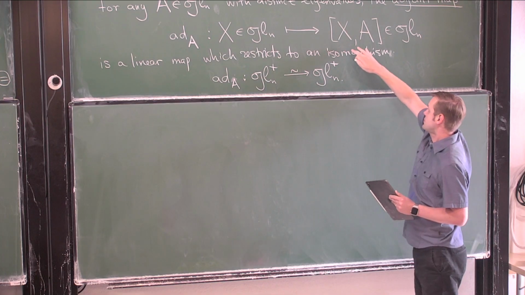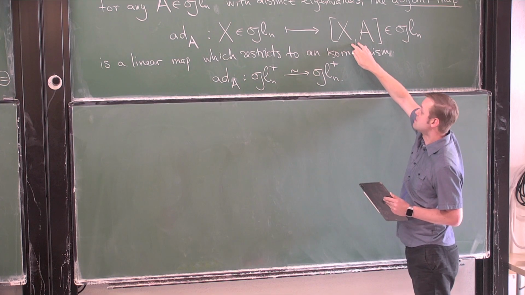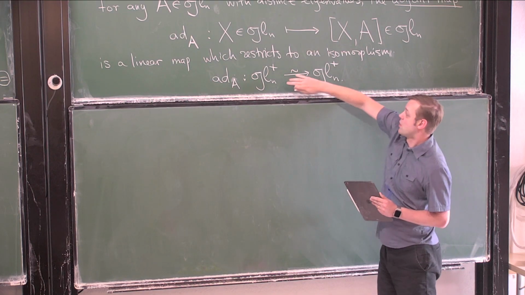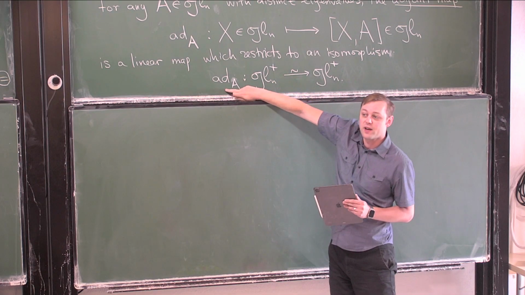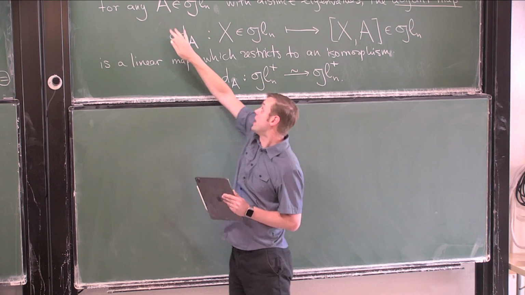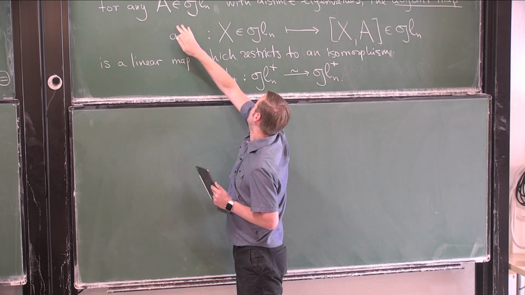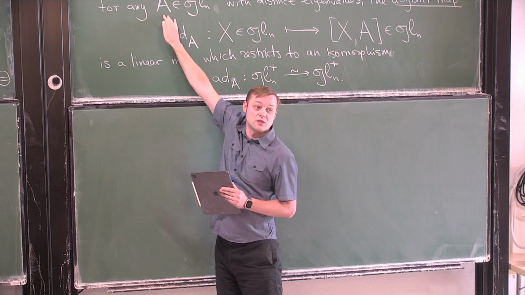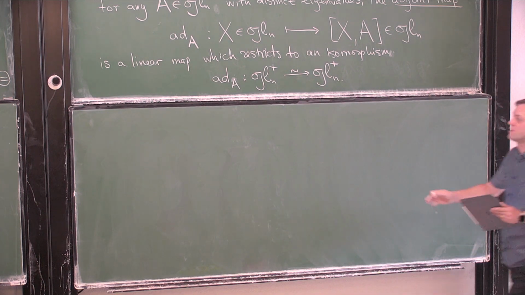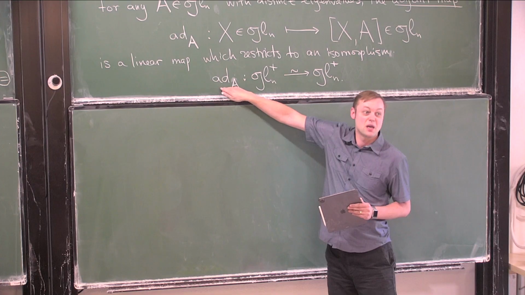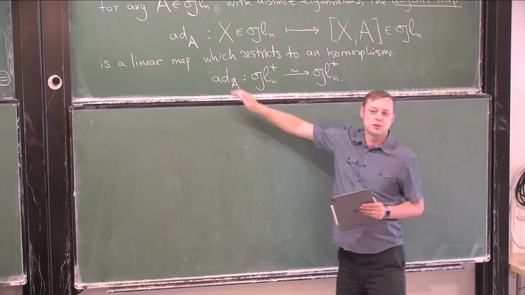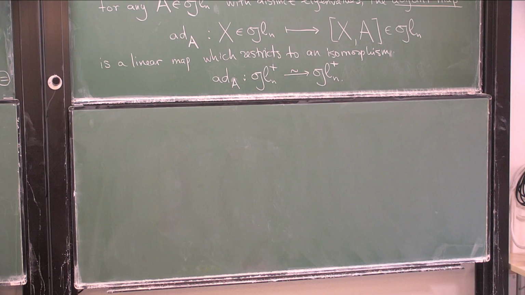The eigenvalues of this map, restricted to the off-diagonal matrices, are all the distinct differences between the eigenvalues of A. So if I assume that A has distinct eigenvalues, then all the differences will be non-zero. And so that shows that all the eigenvalues of this linear map are non-zero numbers. So it has to be invertible.